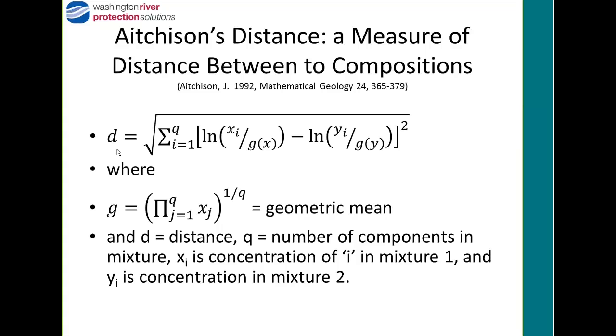And this here is the equation for that distance that he derived. This article, by the way, is a letter to the editor commenting on someone else's paper, and I know of no other letter to the editor I've ever seen that has more than 100 citations. This is just a measure that they came up with to help you understand what a distance means in a composition.